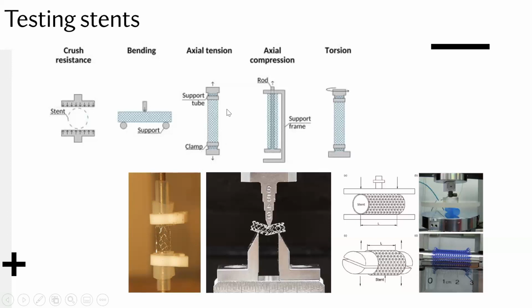So instead of that, we actually have a support tube, and they're clamped using a very nice mechanism there, held from these cylindrical jaws, stretched from that condition. Torsion is another important test, because there are cases where they're going to be under torsion, both in the deployment phase and inside the body.